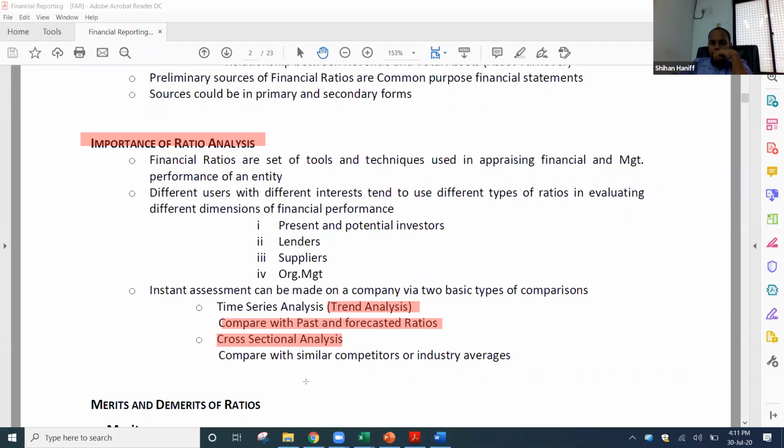Then cross-sectional means comparing with competitors and the industry average. So we can compare our ratio with our previous ratios, and we can forecast the future. We can compare with the competitors and the industry averages, right?